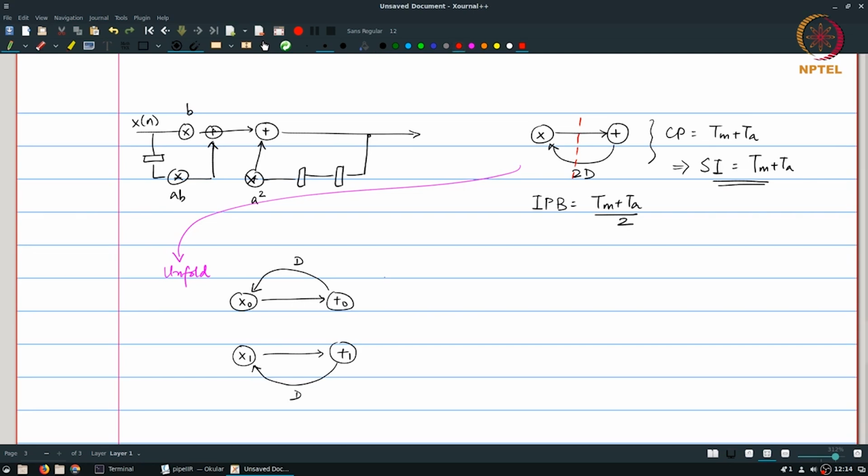So effectively what I have over here is two graphs, each of which, when I combine the entire system together, I find that the iteration period bound is equal to Tm plus Ta, which means that now the sample interval that I can get on average is equal to Tm plus Ta divided by 2, which is the parallel factor.